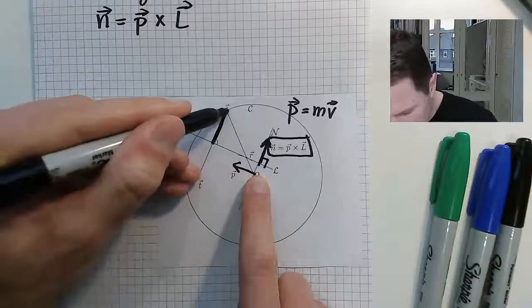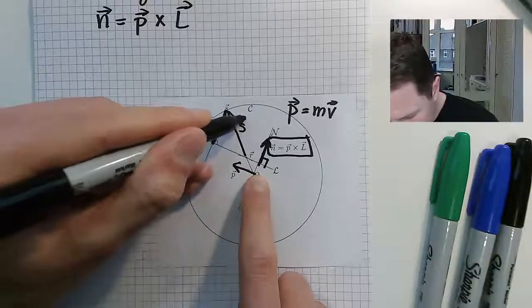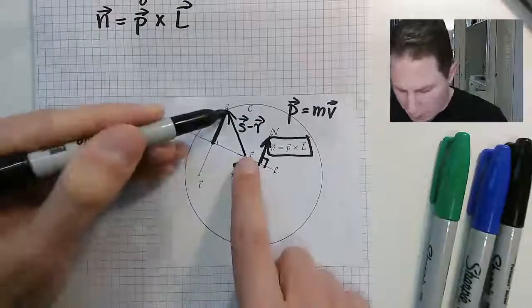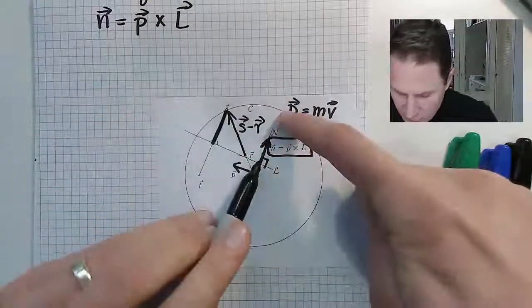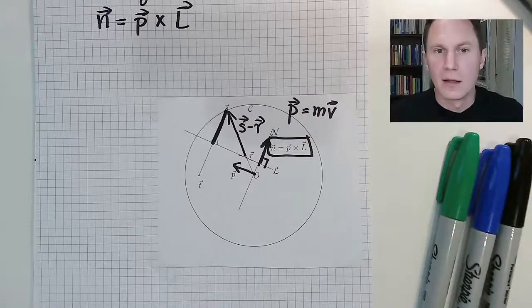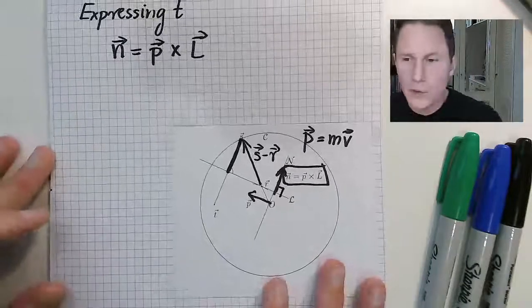For that, we are going to take this vector right here, which is S minus R, and project it down to this perpendicular line. Let me go on to do that.